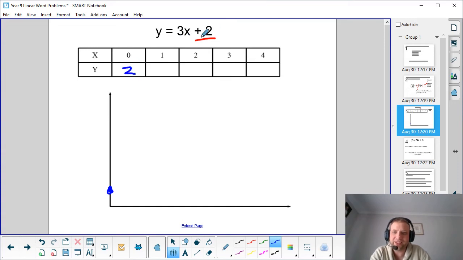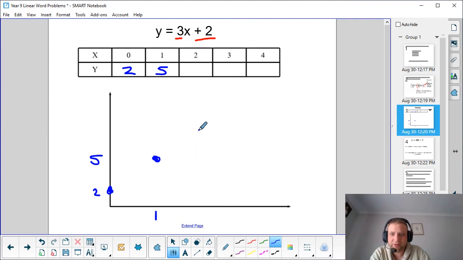It's basically saying start at 2. And then this 3, what this 3 is telling you to do is just to count up by 3s. So when I step across one step, my graph should be 3 points higher than it was before. So put another point here. I've gone across 1, and I was at 2, but now I'm up at 5, because I'm just counting up by 3s. That's what that 3 tells me to do. It's my gradient. It says go up by 3s.